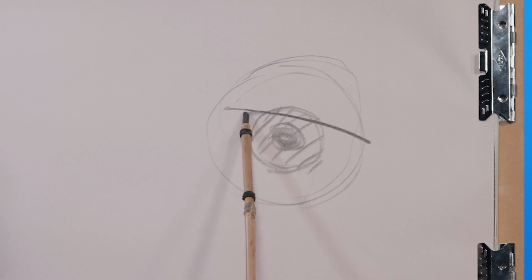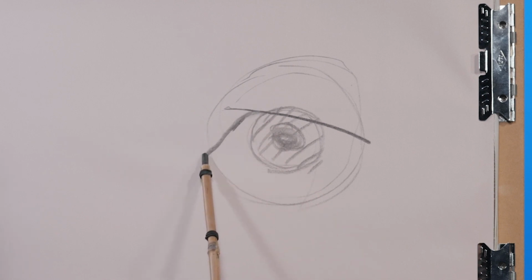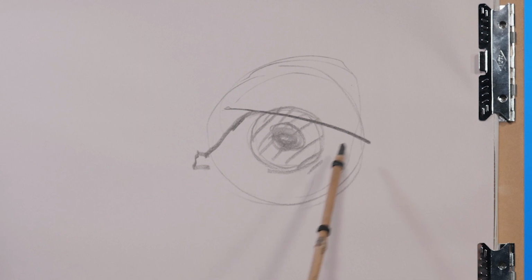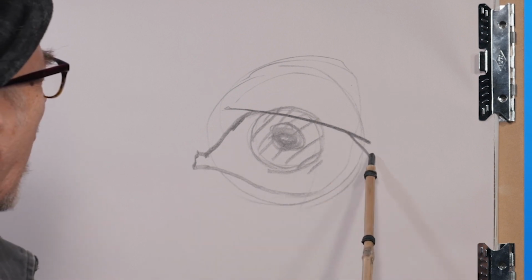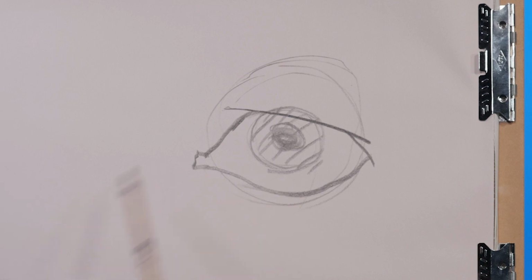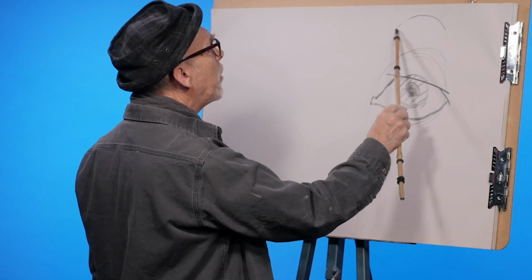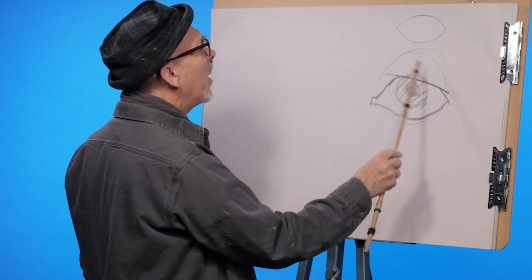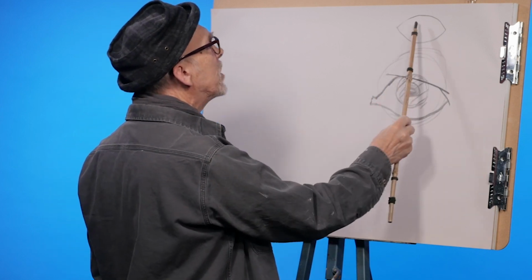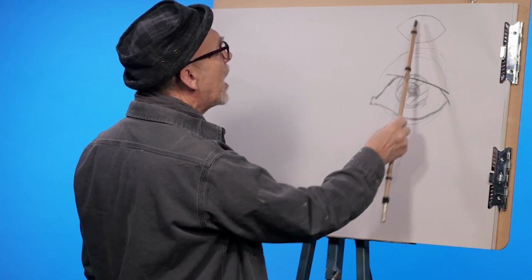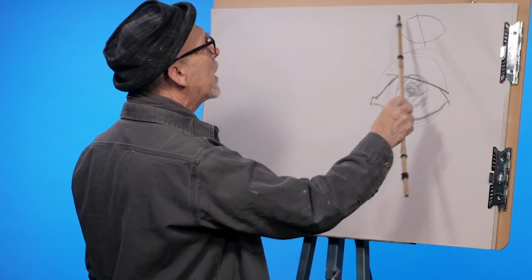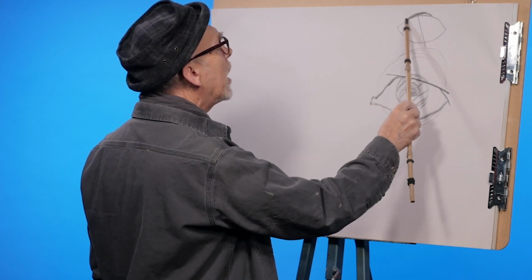And then I'm going to do the window of the eye, which is the opening. And notice that it's not just a football, but that it has an axis, not straight up, an axis like this. That means it's a little higher here.